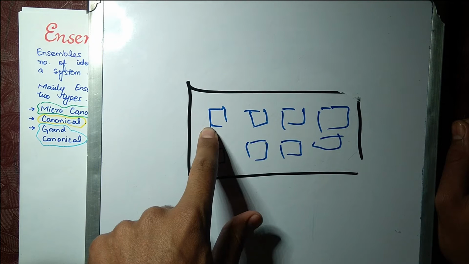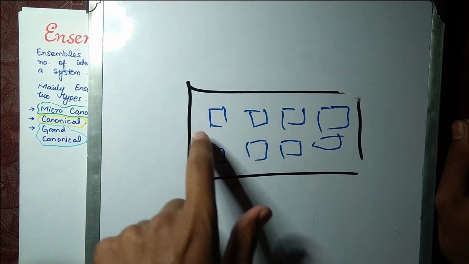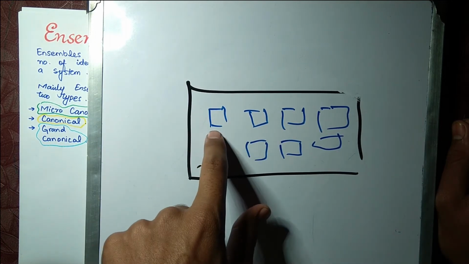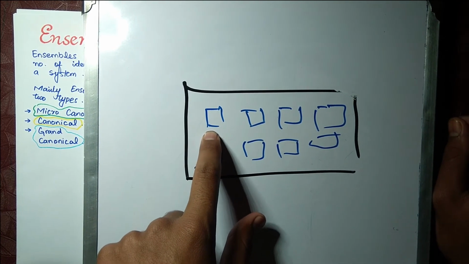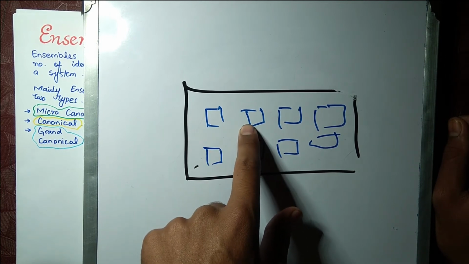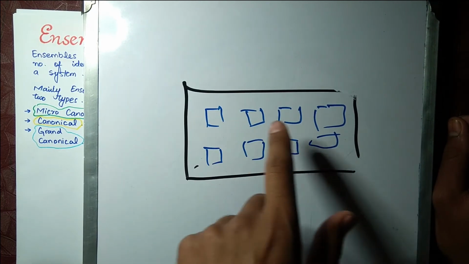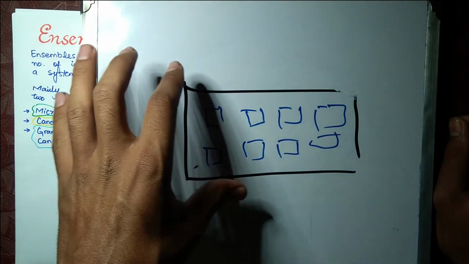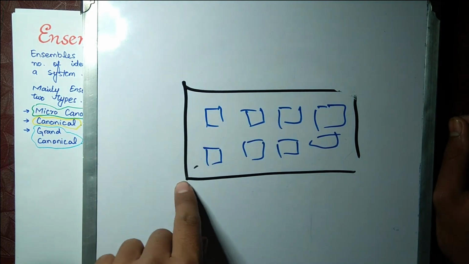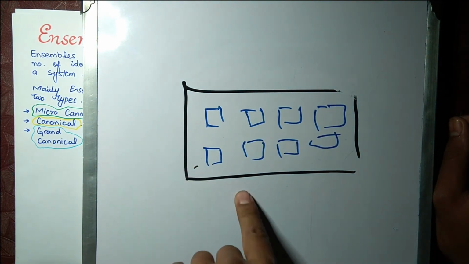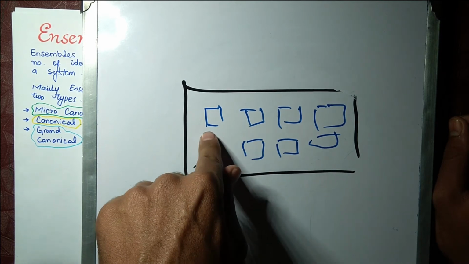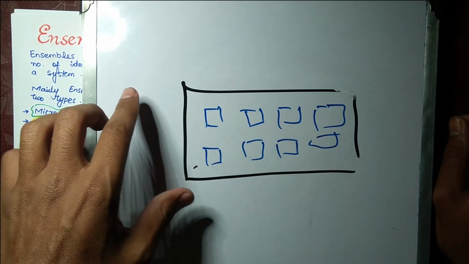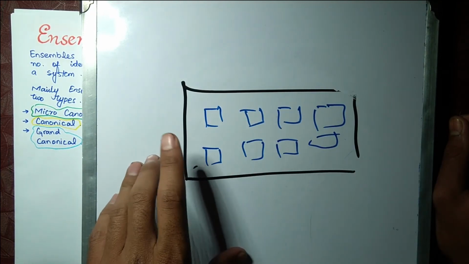Every chair has the same surroundings, and the volume for the whole system and for each chair will be the same. Each has the same volume, same temperature, same energy. If this system has a temperature of 25 degrees Celsius, then this will be at 25, this will be at 25, this will be at 25. The number of particles for the whole system will be the same.